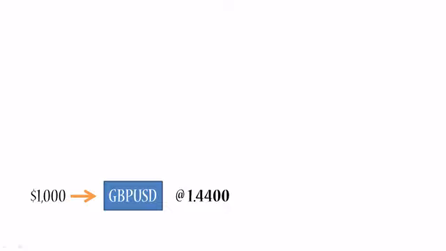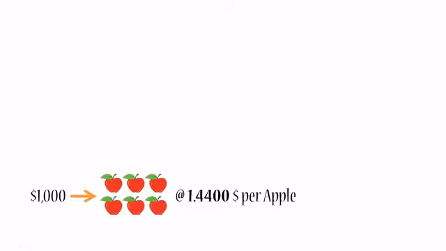We can hold them, count them, measure them, weigh them up, and we can always replace the base currency with apples to simplify things. So now our example says that the trader had $1,000 which he invested into apples at the price of $1.44 per apple.